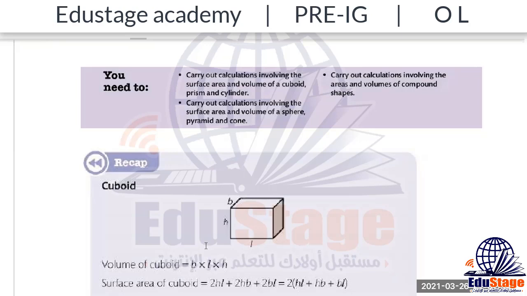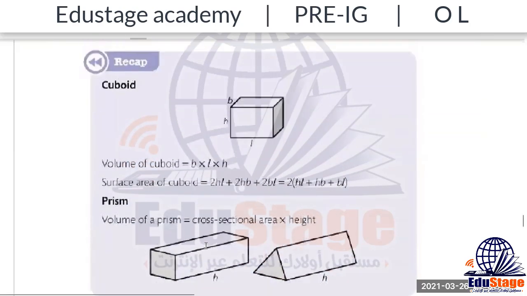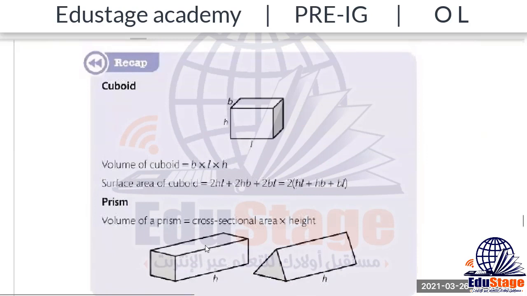Carry out calculations involving the areas and the volumes of compound shapes. Okay? So first of all, we have the cuboid, and the volume of the cuboid is base times height times length.